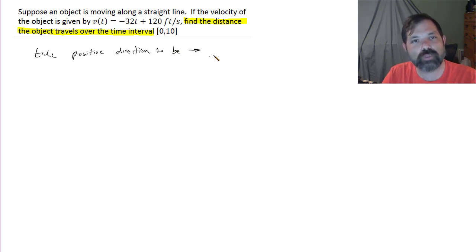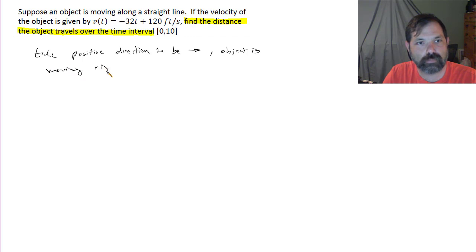So the object is moving right when v of t is positive.